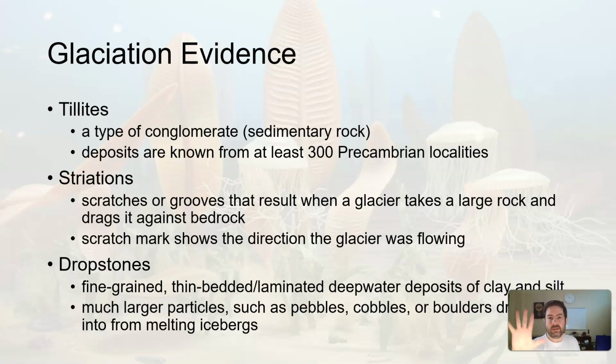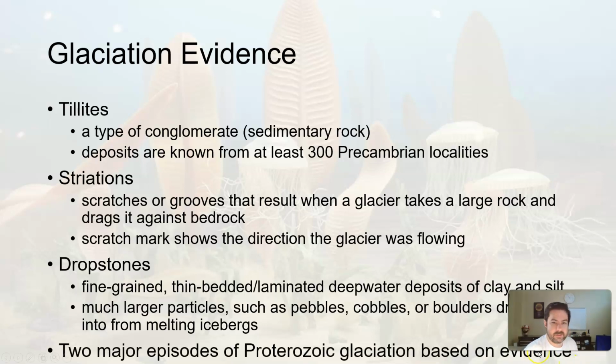That comes from an iceberg breaking away from a glacier. If a glacier makes its way out to the ocean, and a chunk of that falls off and floats, that's what an iceberg is, it might have some rocks in it. As that iceberg melts, any rock that's in it or on it falls to the ocean floor and embeds itself in that very fine-grained clay and silt sediment.